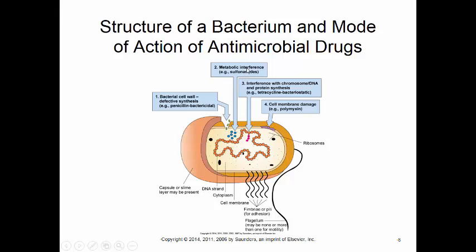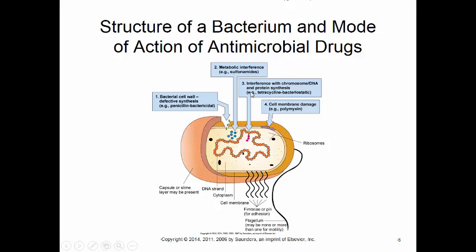We can also affect the metabolic pathways of the bacteria, and sulfonamides do that. They affect the metabolites. And then we can also interfere with the chromosomal DNA and protein synthesis, and that's going to interfere with the process of making proteins.